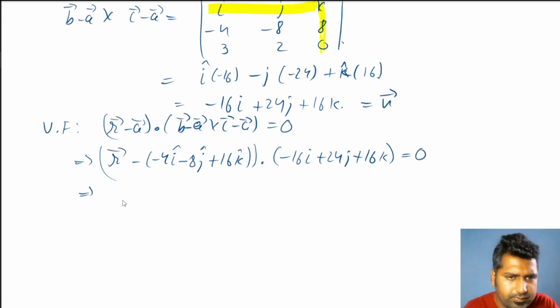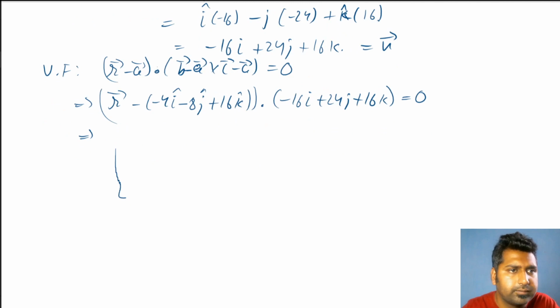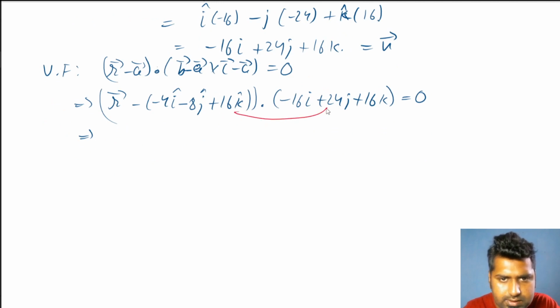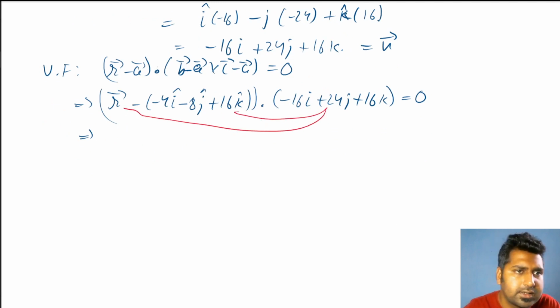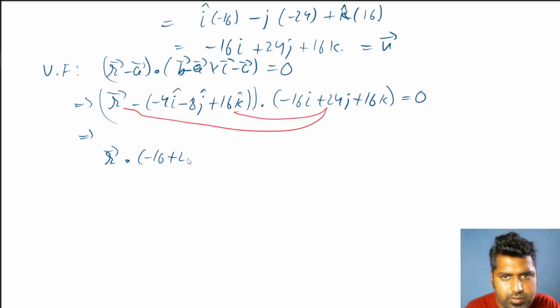Big values, so sorry. So let's do the dot product. Dot with this, r dot minus 16i plus 24j plus 16k. This minus the dot product of these.